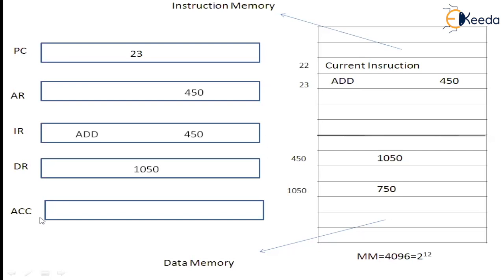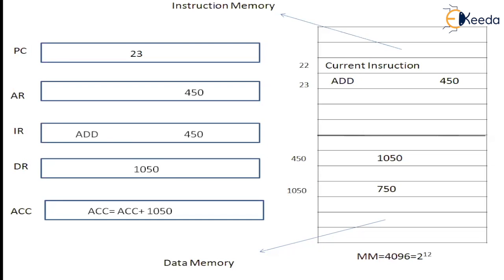So finally, the operation is going to be performed between the accumulator and the operand that we have fetched, that is, the accumulator and the data register. Accumulator is equal to accumulator plus 1050, which is available in the data register. This is how an instruction is going to be fetched, decoded, and executed.